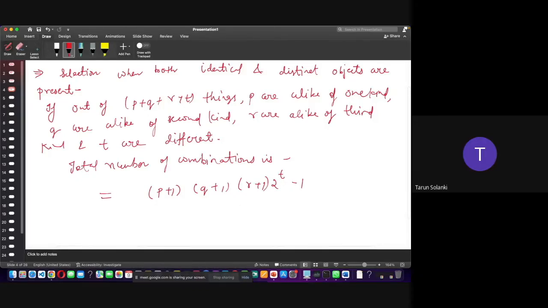Okay, so this formula you need to remember when t are different.